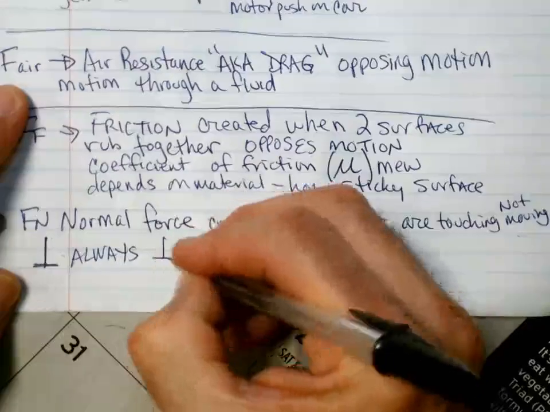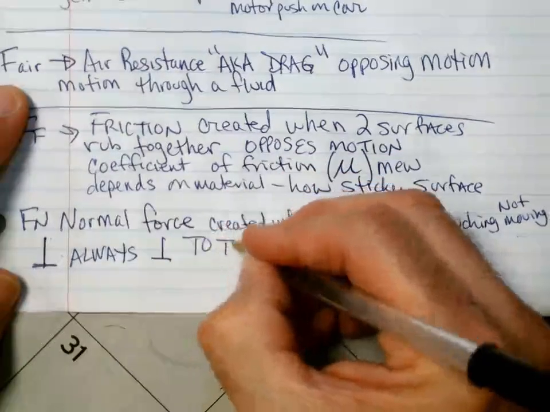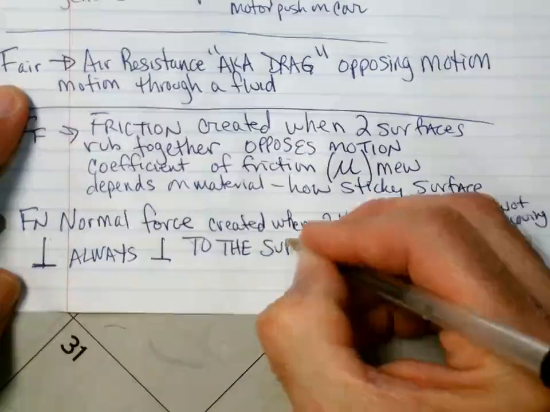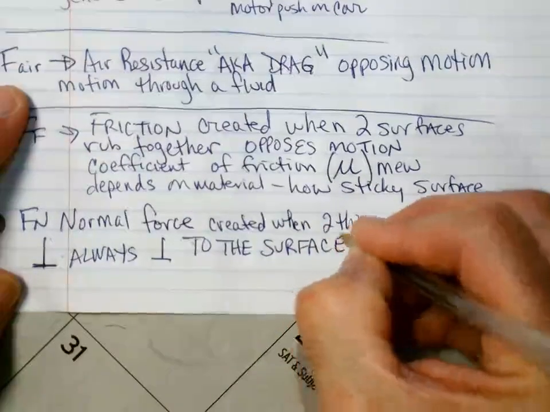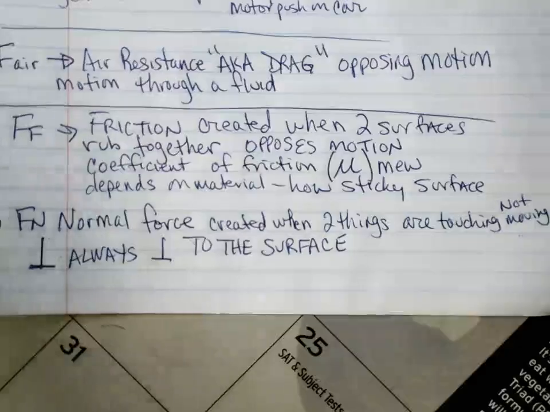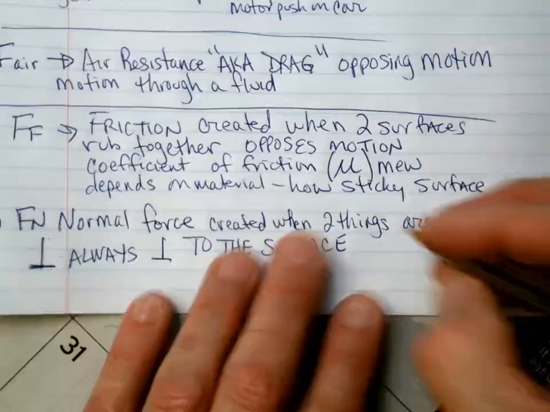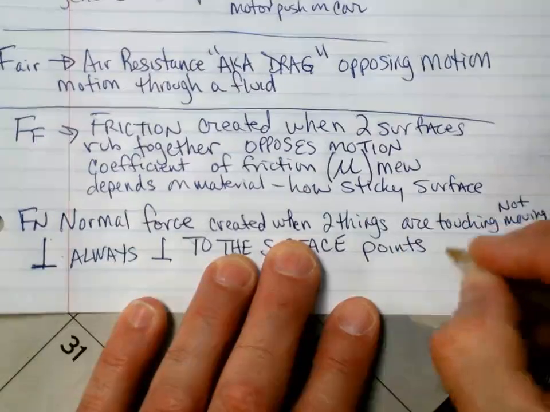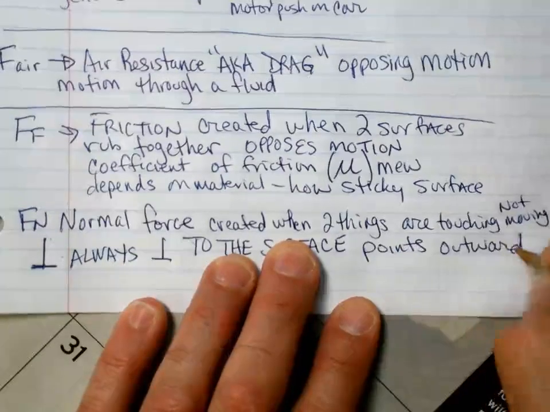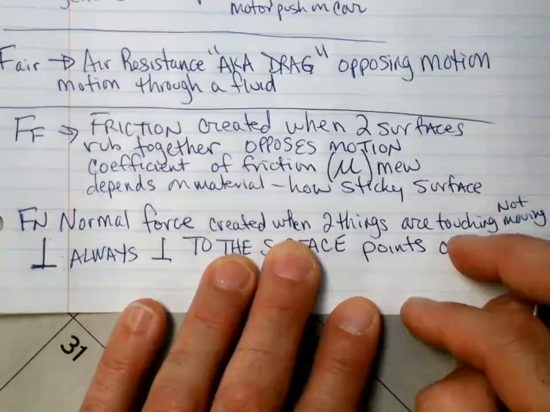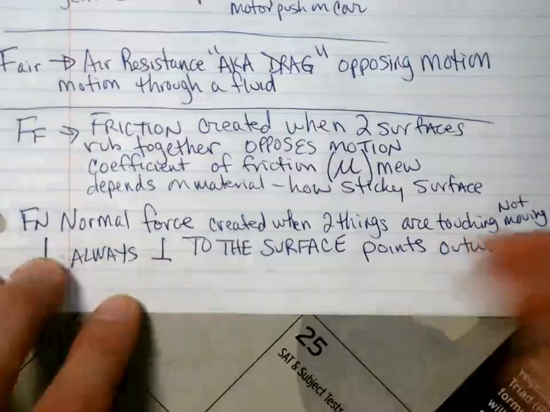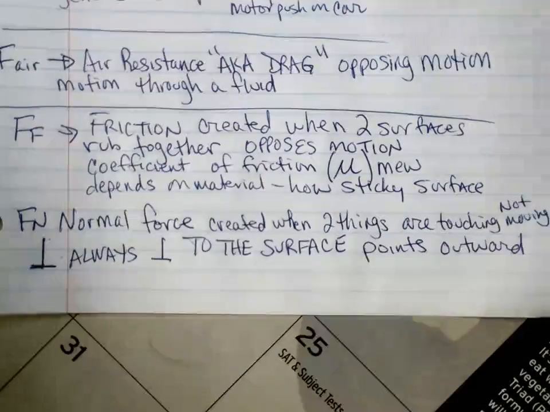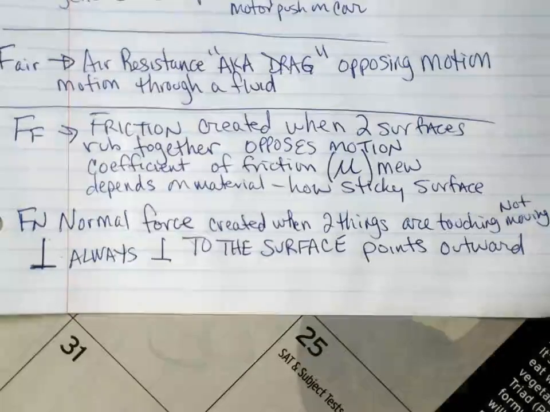And the normal force is always perpendicular to the surface. So for the normal force on this cup, the normal force is perpendicular, pointing out. It always points outward. So there's a normal force pushing up on this coffee cup, and it's pointing up perpendicular to the surface.